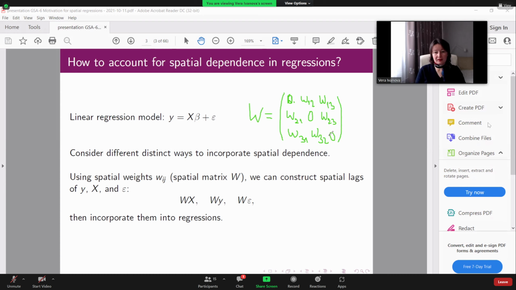Consider that we have only 3 regions, 3 observations.